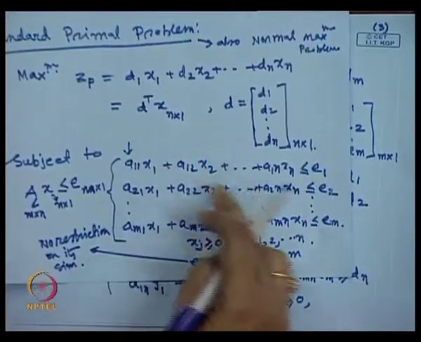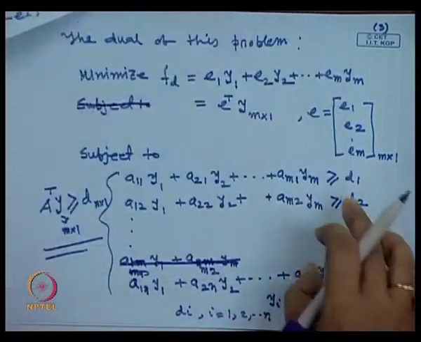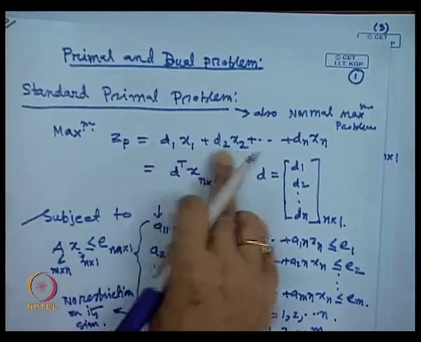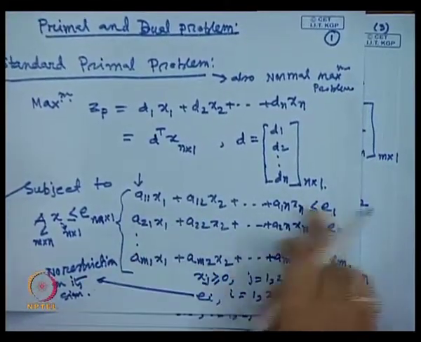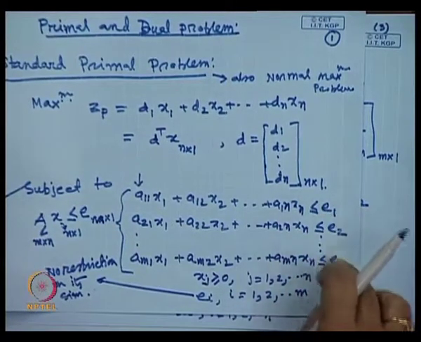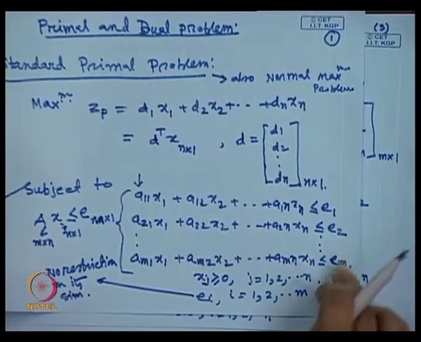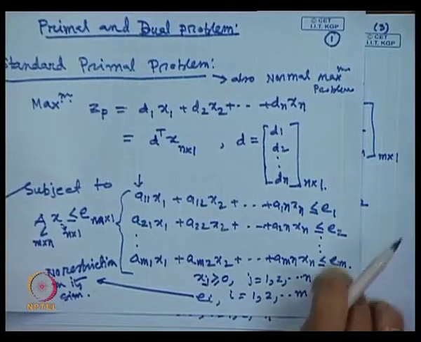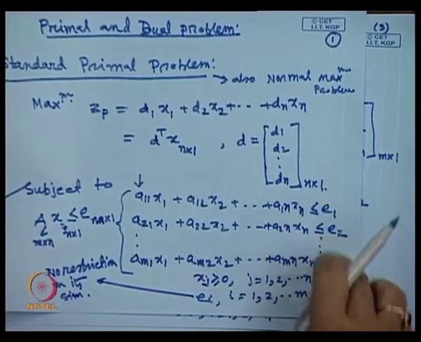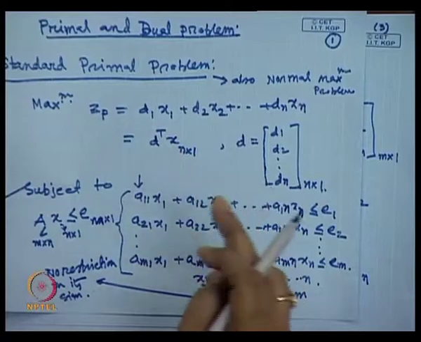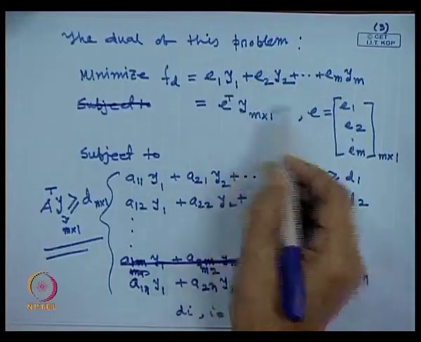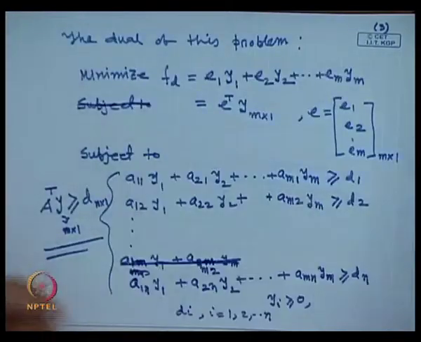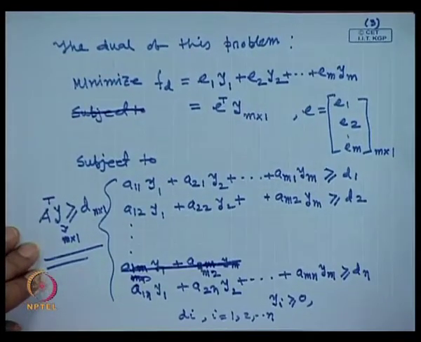Similarly for the second and third columns. Since the primal problem has n coefficients, we get n constraints. And the right hand side values of the m inequality equations in the standard problem go into the dual problem's objective function, and corresponding m new variables are introduced. This is called the dual problem of the primal problem.